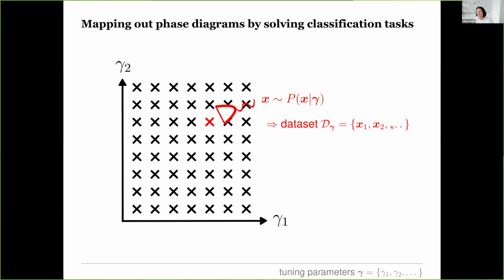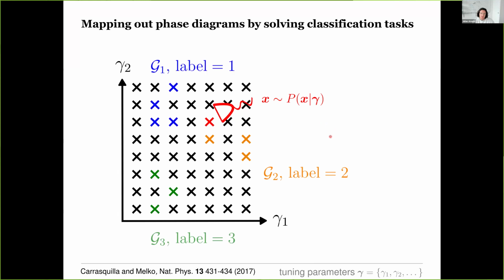So we can measure the system in different states because it is probabilistic in nature. And once we have all of these data sets, consider for a moment the scenario where we know the number of phases that are present and their rough location.